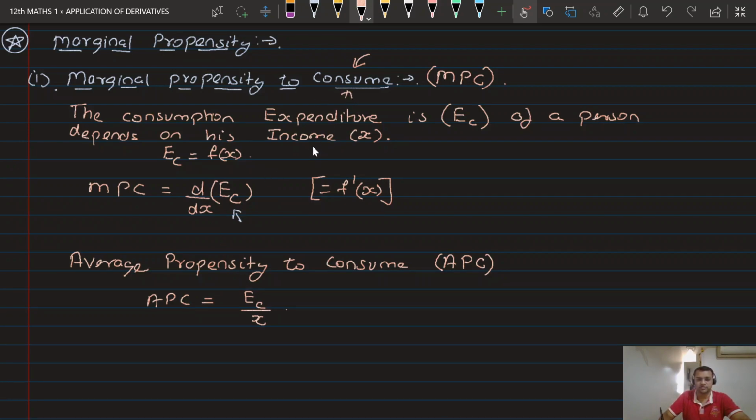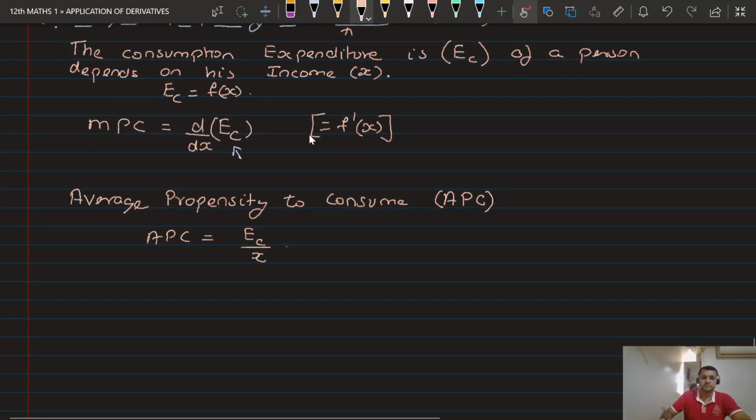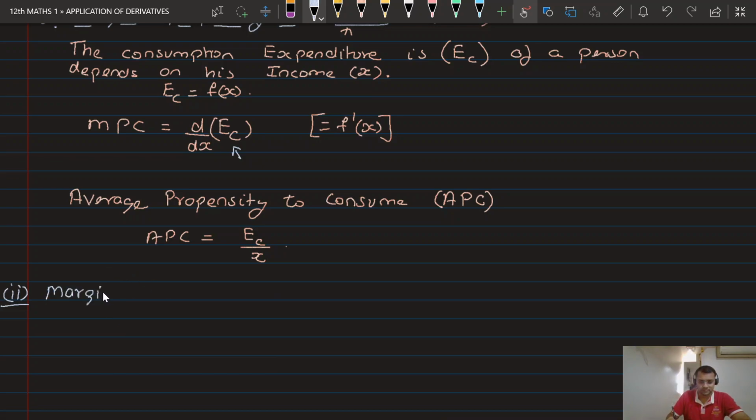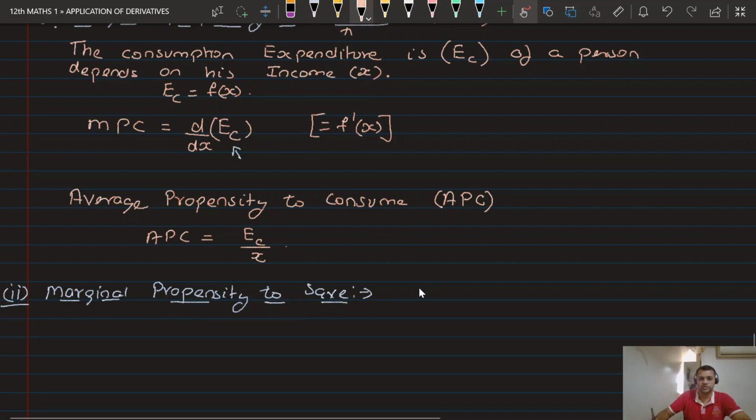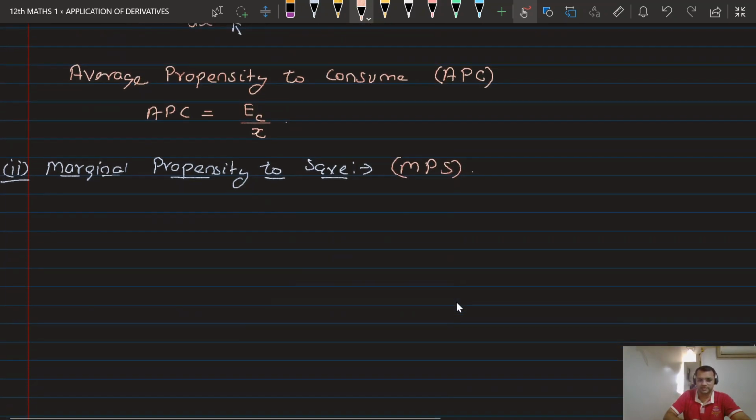A similar point we also have for saving. So write down point number 2, then we'll take an example which consists of all these points together. Point number 2 is marginal propensity to save, which can be denoted by MPS.